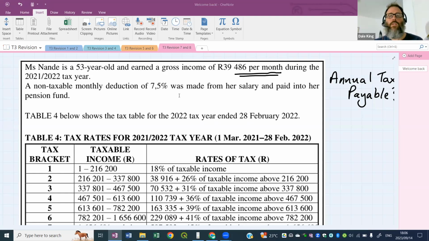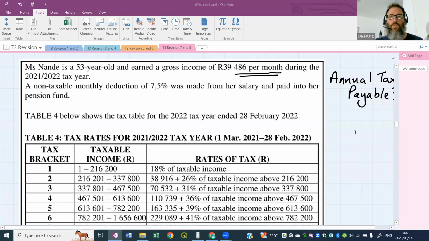So we can't pay tax on that amount, whatever it is. So we've got to remove it first. Now you can remove it on the annual salary before you go into the tax table, or you can remove it on the monthly and then times by 12. It's up to you.